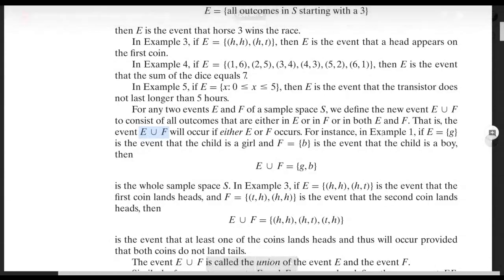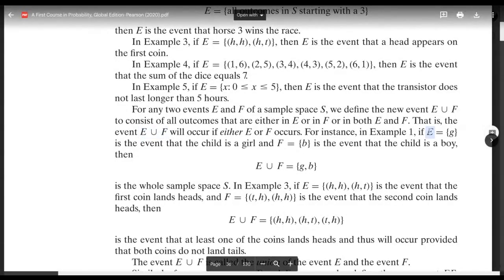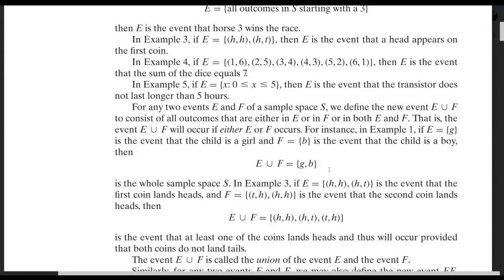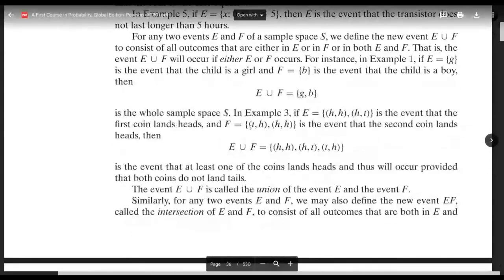For instance, in example 1, if E is the event that the child is a girl, and F is the event that the child is a boy, then E union F equals the sample space, because the sample space only has these 2 outcomes, G and B, girl and boy. So it's the whole sample space.